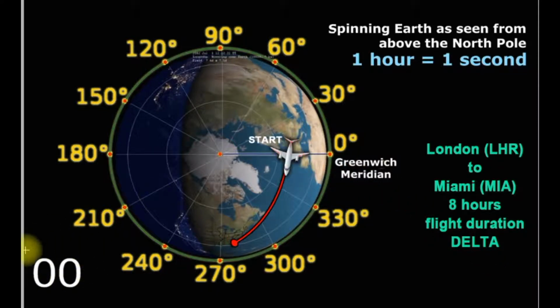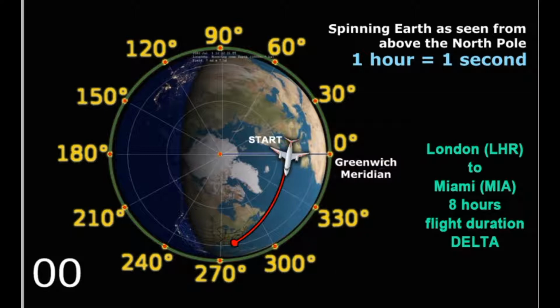This is the timer. The timer will run for 8 seconds because 1 hour equals 1 second. It will take 24 seconds for a complete rotation, just like, according to the heliocentric model, it takes 24 hours for one complete rotation of the Earth. So let's go ahead and start the timer.